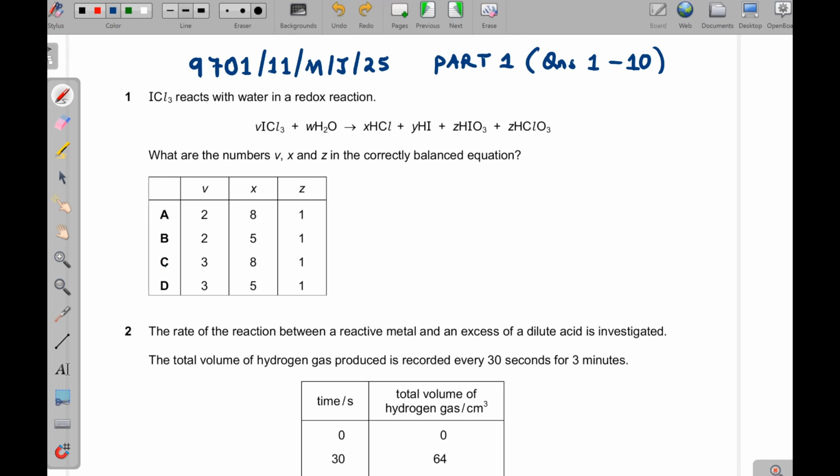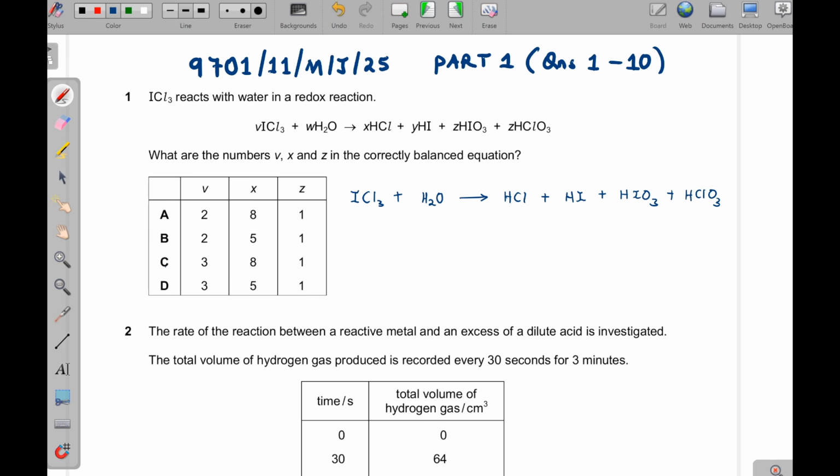So I have iodine trichloride, then plus water, and then we are getting the HCl, then plus hydrogen iodide, then plus hydrogen iodate, and then we have hydrogen perchlorate.